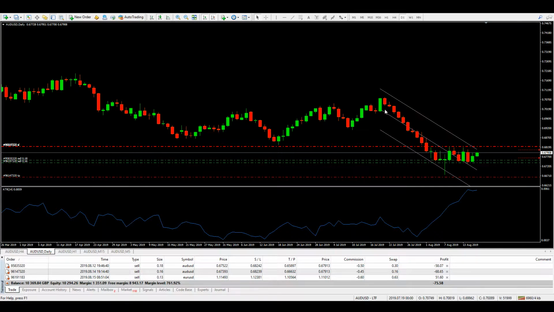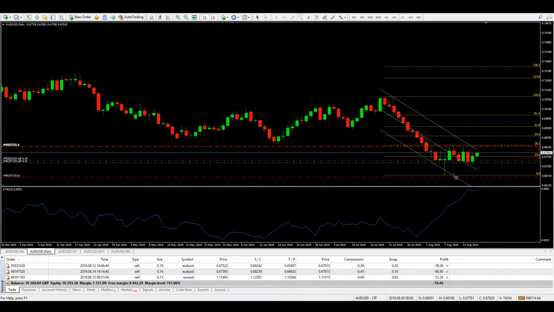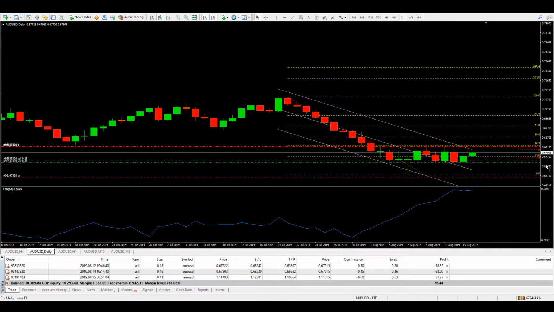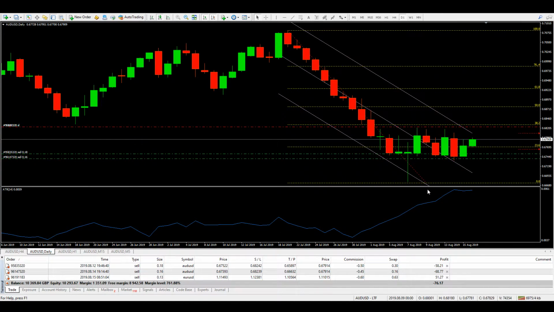So although it's just this extension and pullback on the daily, it did have a lot more context on the 4-hourly as well. I'm just going to see what that looks like. This is interesting. I didn't put this on before, but if you do use Fibonacci in your trading, it has just fallen shy of a 38.2 retrace.